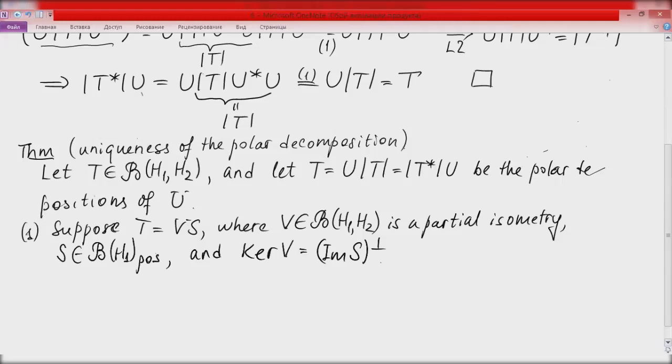Then I claim that V equals U and S equals the modulus of T. So our original polar decomposition is unique.